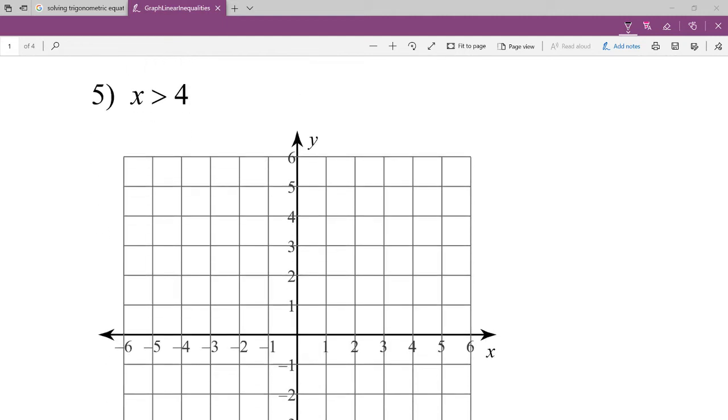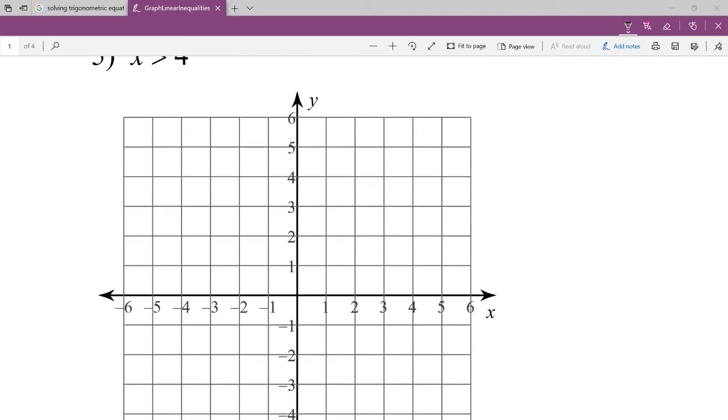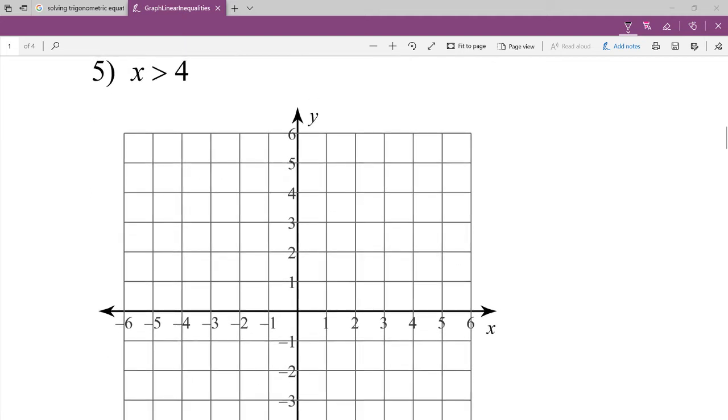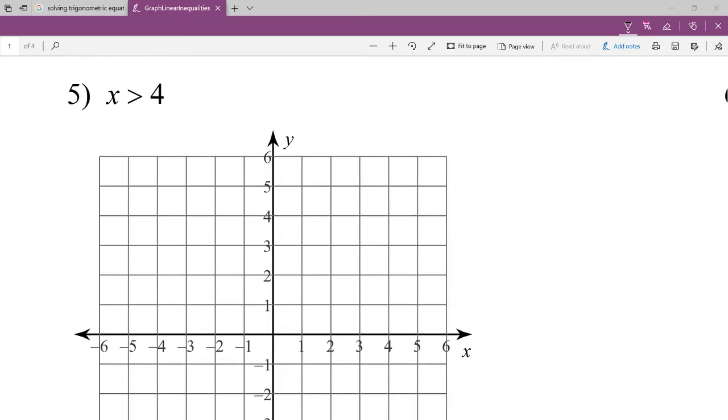For this one, it says x is greater than 4. So what you want to do is, again, it's like saying x equals 4, so you go ahead and do a line like this.